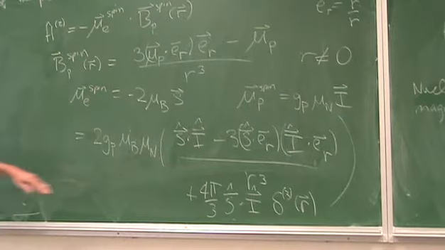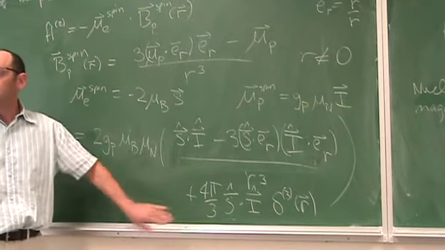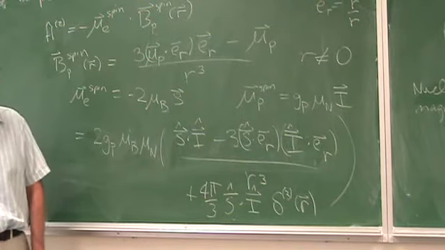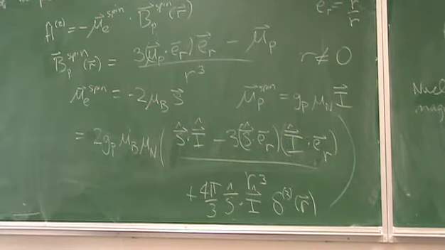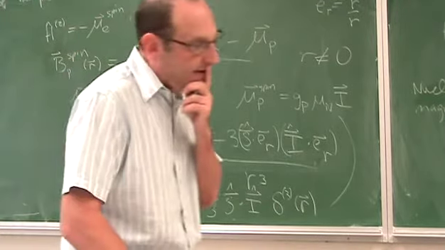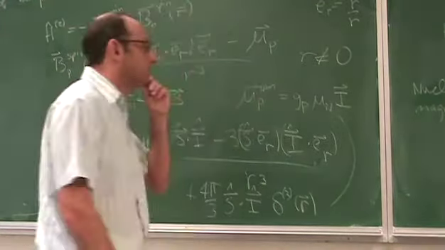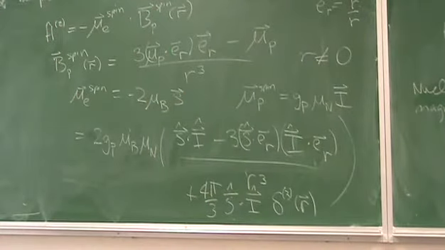Okay, away from the origin, this term is 0. It's like a correction to the Darwin term? Well, it does in fact contribute with the Darwin terms, but in a different way, because the Darwin terms were independent of spin.